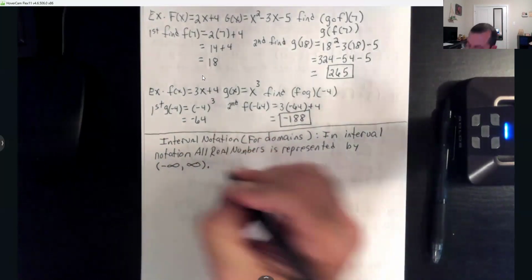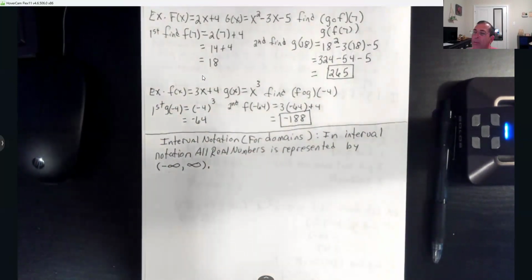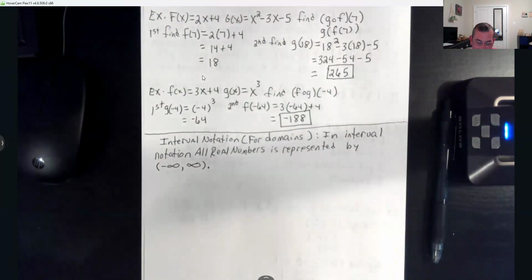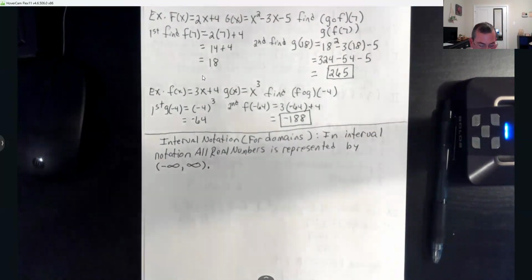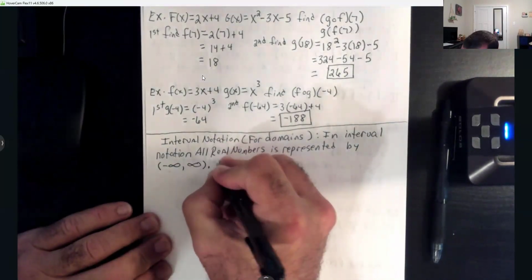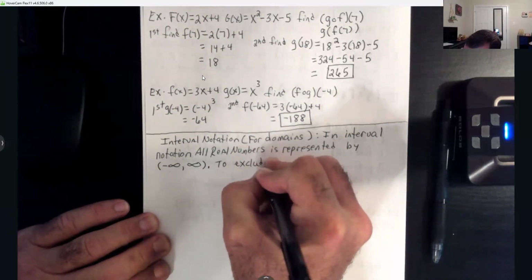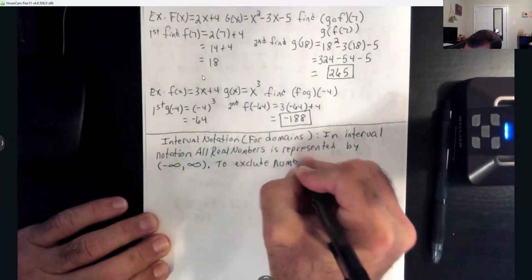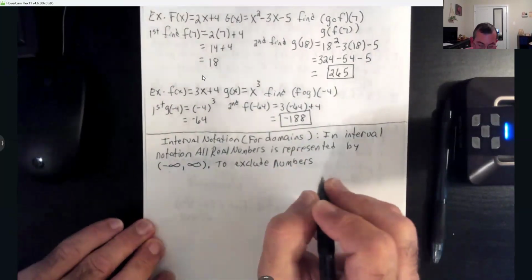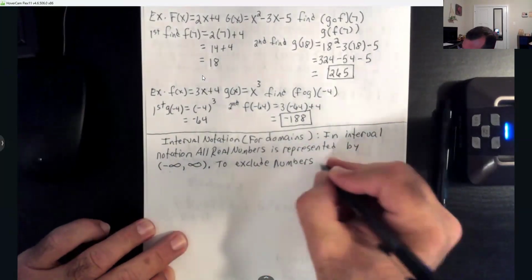But what about numbers we got to kick out of our domain? So here's where we use a union in math. So to exclude numbers, we use the union.